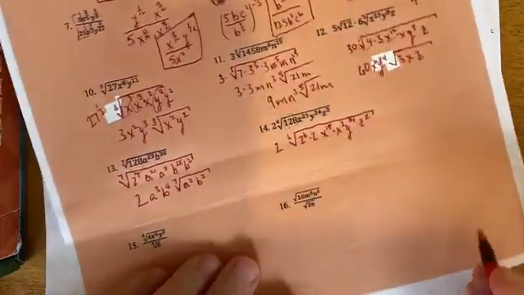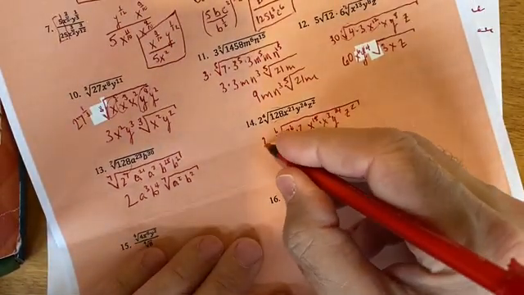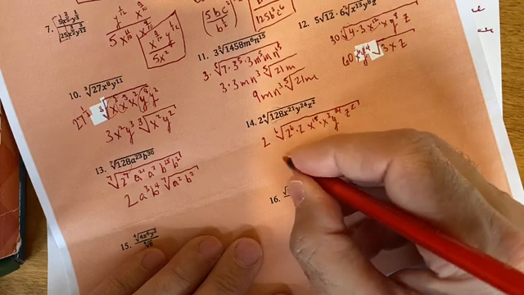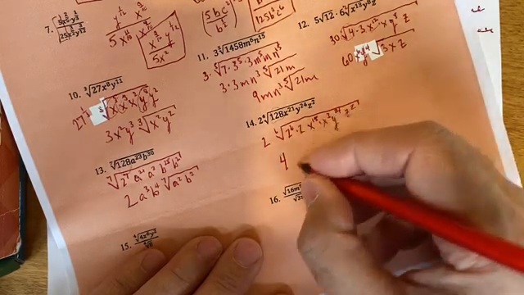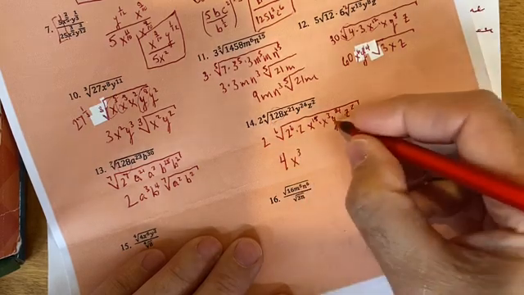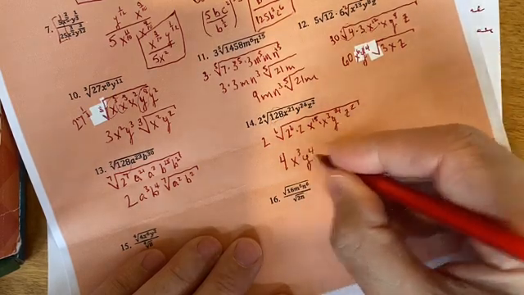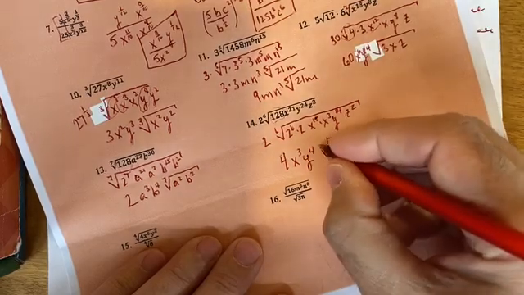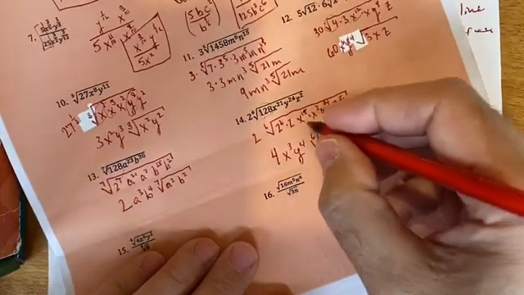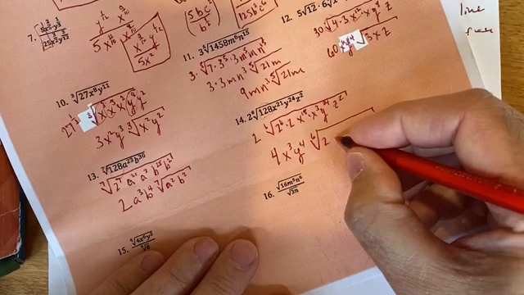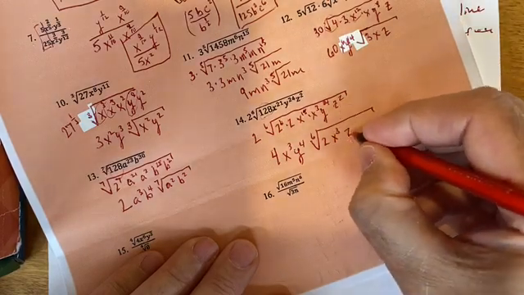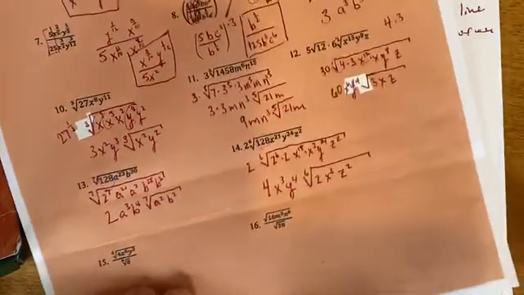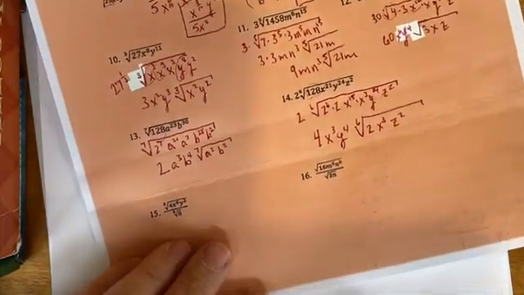Okay, that should make it easier to come out. There's already a 2 on the outside. 1, 2 is going to come out, so that makes a 4 on the outside. 3 x's come out, 4 y's come out. And everything else has to stay in. So this extra 2 stays in, this x to the 3rd stays in, and this z to the 2nd power stays in. Okay?